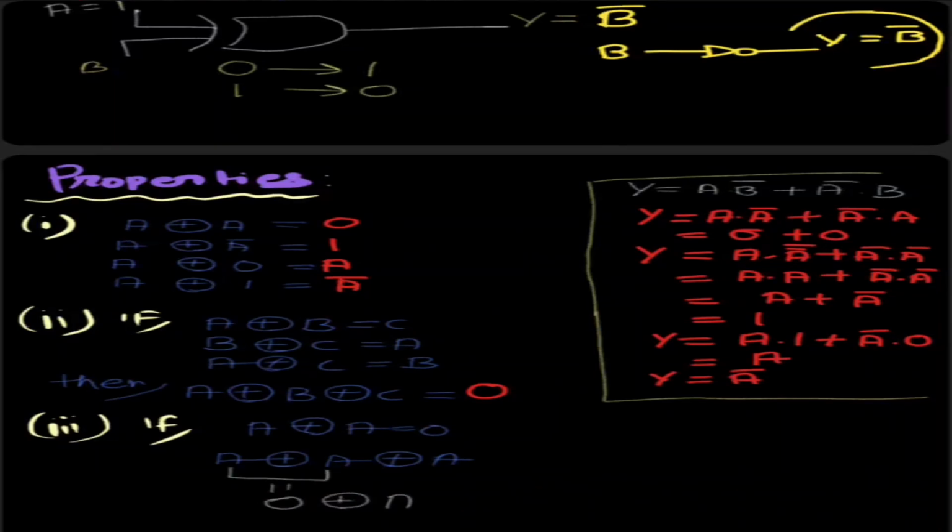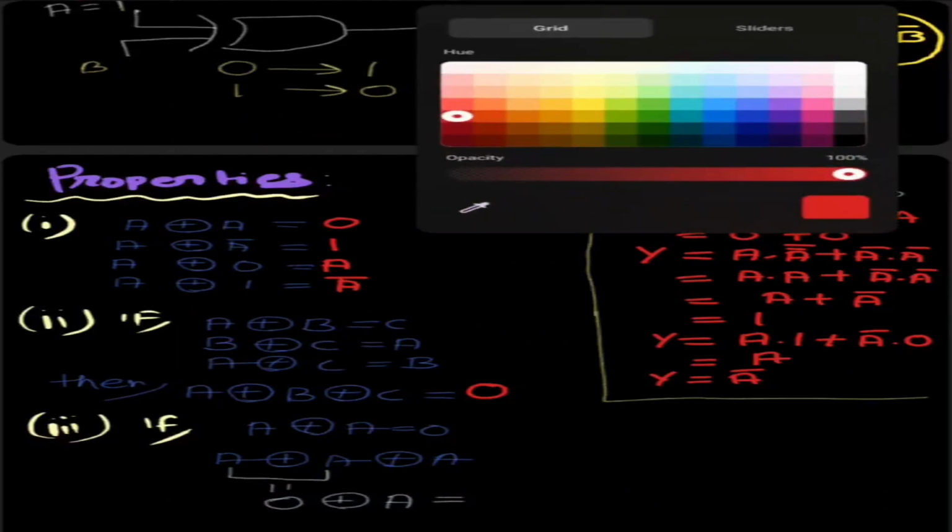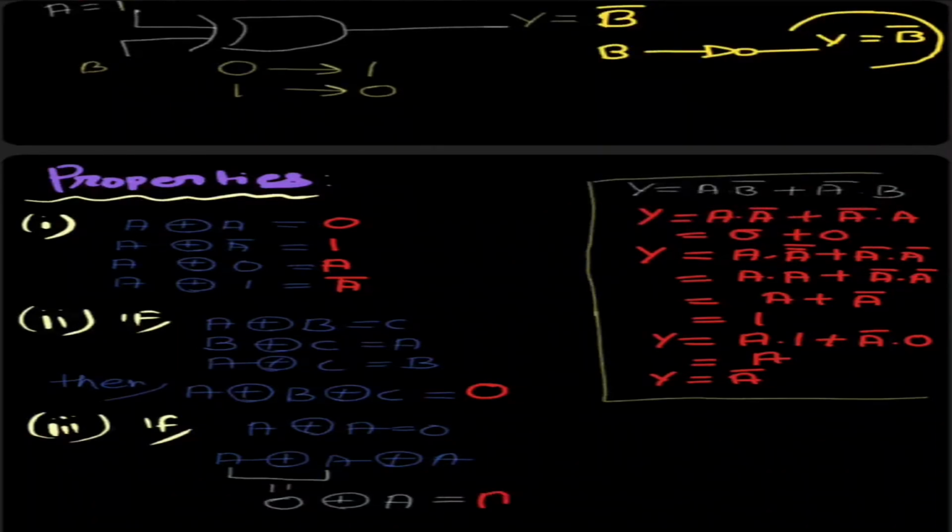That XOR with A, we get again A. So generalizing this, we get A XOR A XOR A, n times, equals A when n is odd, and equals 0 when n is even.